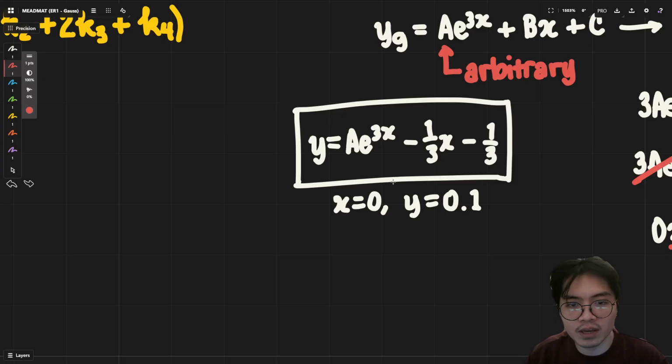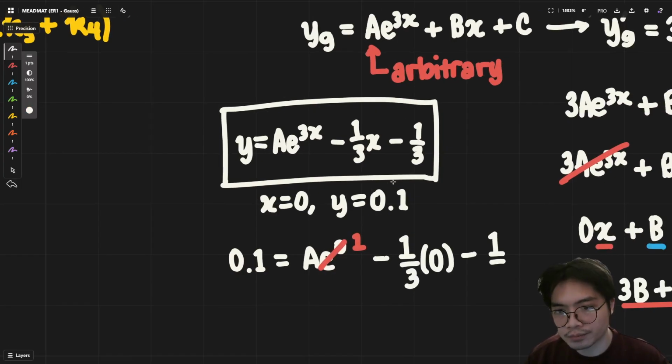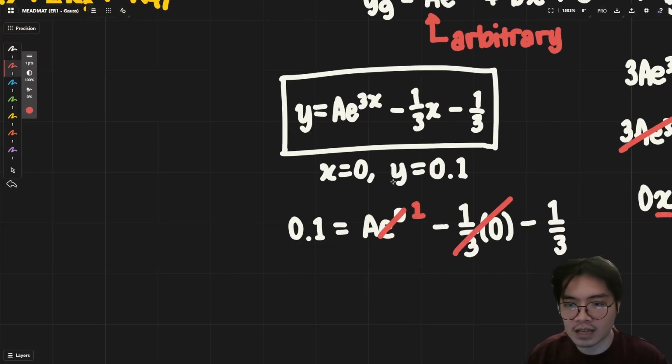What we will do now is substitute: 0.1 is going to be equal to a e raised to 0, 3 times 0 is just 0. This is just going to be equal to a times 1 minus 1/3 times 0 minus 1/3. And so what will happen now is that you have cancel as well.